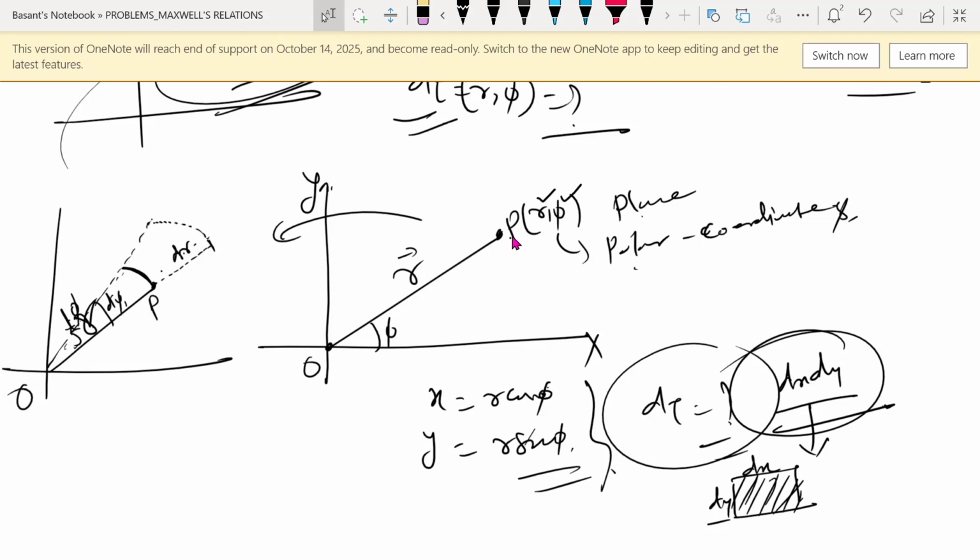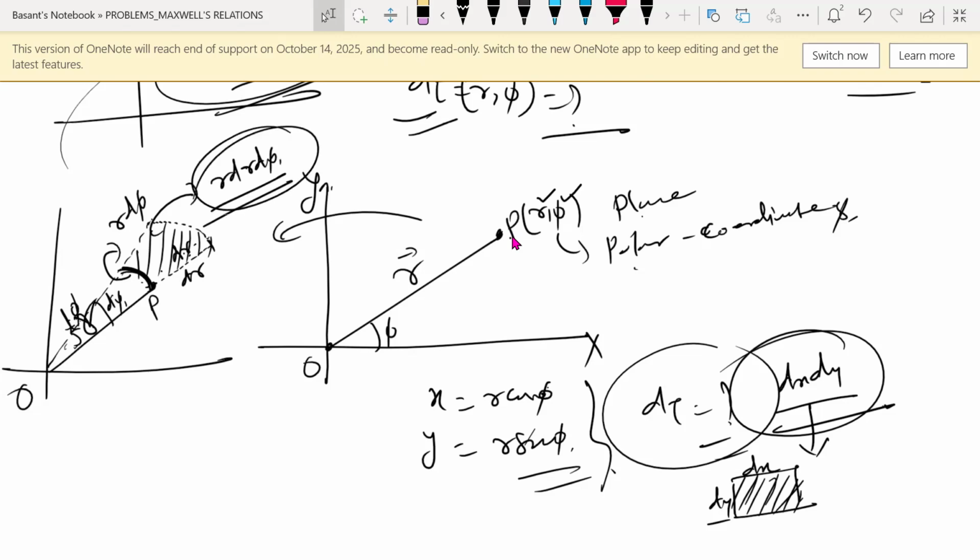But by both dr and d phi, the area changed by this figure. This is dr and this arc is equal to r d phi, and now this changing area is equal to r dr d phi. This is nothing but dx and dy. So dx into dy, that is d tau, is equal to r dr d phi.